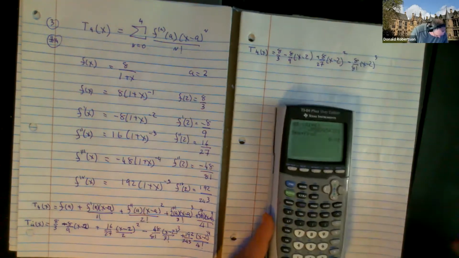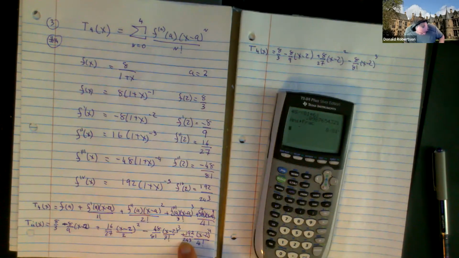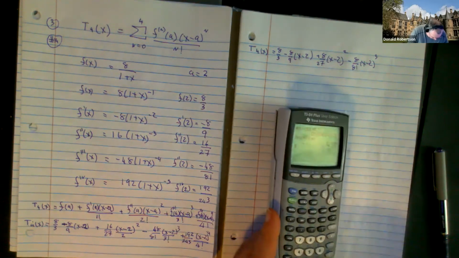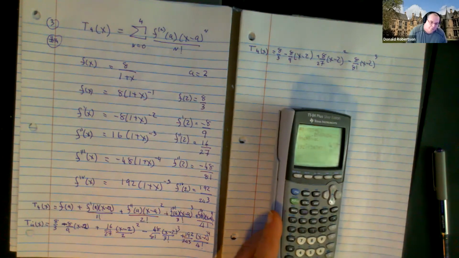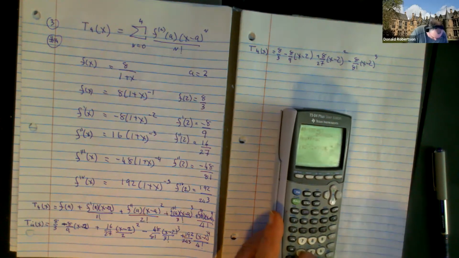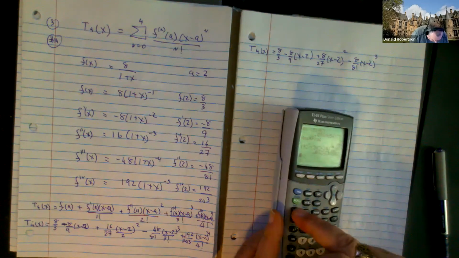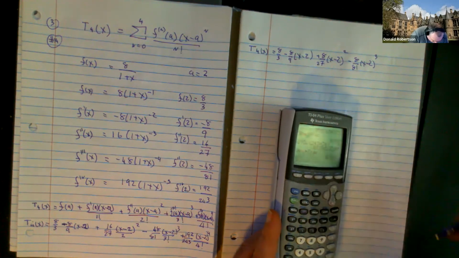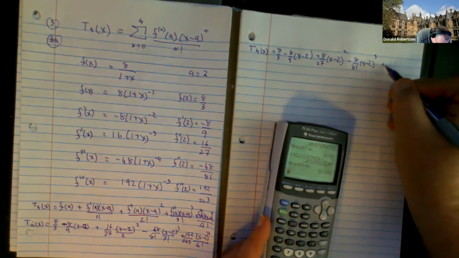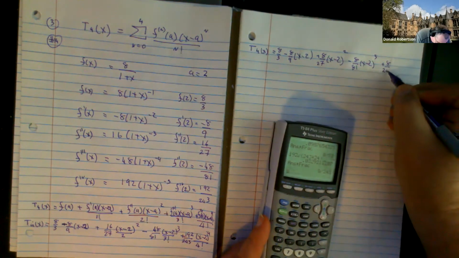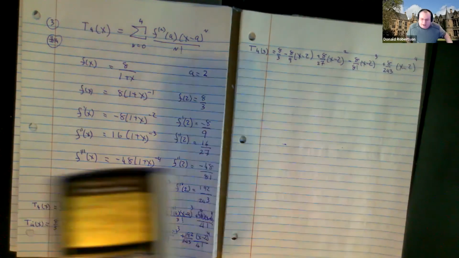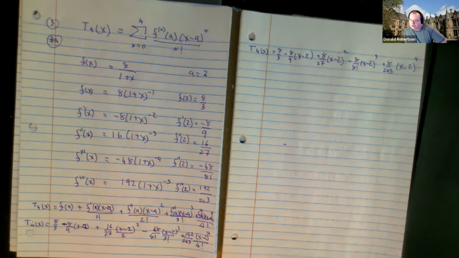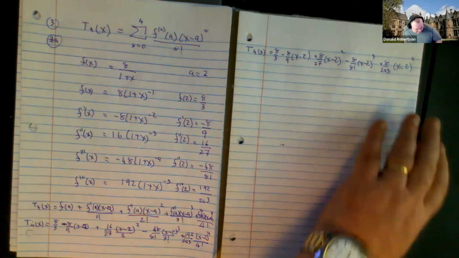And the last one is 192 over this combination: 192 divided by 243 times 4 factorial, which is 24. And make the answer a fraction. And that's 8 over 243. And that's what T4 of x looks like in all its glory.